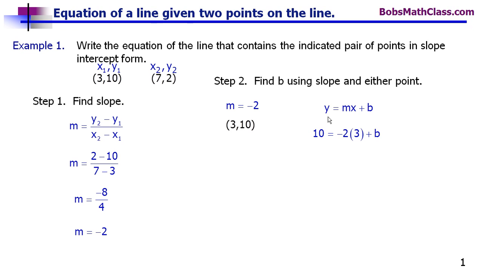Substitute those values in for y, m, and x. Now we can solve for b. So b is 16. Replacing the m with negative 2 and the 16 with b gives us y equals negative 2x plus 16.